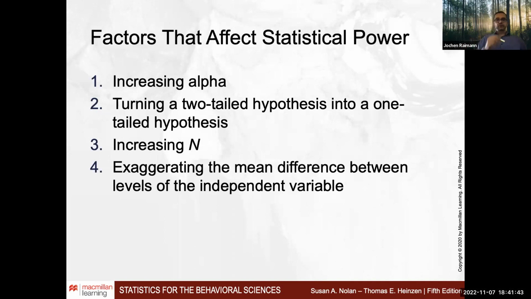So hypothetically, what you can do to increase your power is by increasing alpha. So this is increasing the type 1 error you're willing to accept, a rather debatable practice. You can turn a two-tailed hypothesis into a one-tailed hypothesis, also quite debatable.